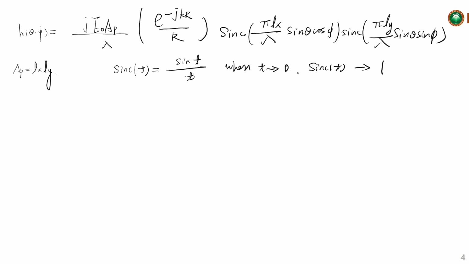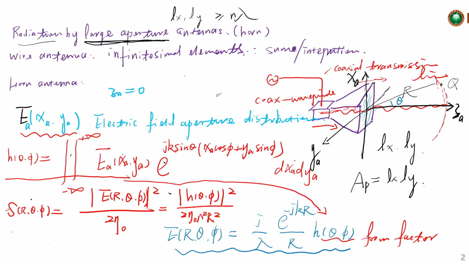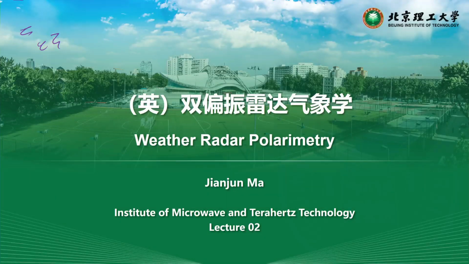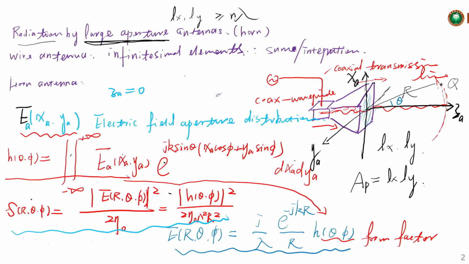Just a short review, the expression we mentioned previously for the power density. So where is the power density here? The expression for the power density is like this one, right? So we get the form factor h(theta, phi), we can calculate it. So the power density R(theta, phi) can be expressed as, let me come back to eta naught.